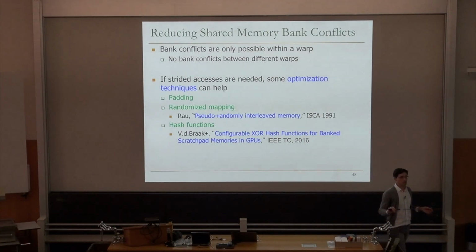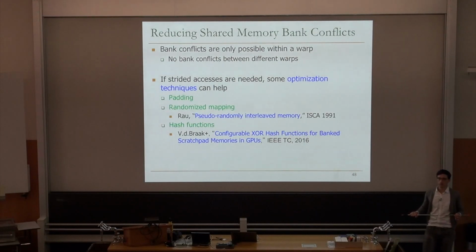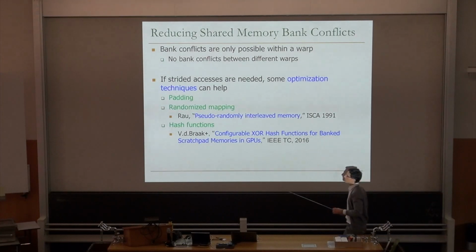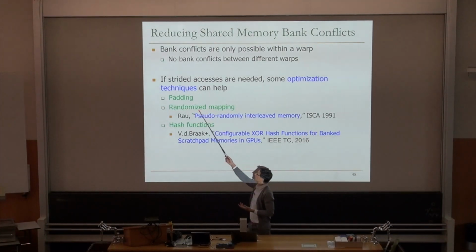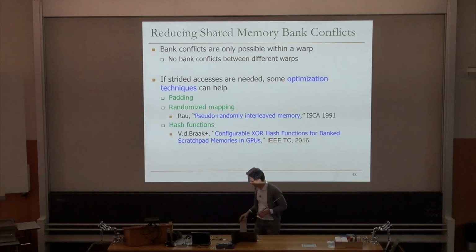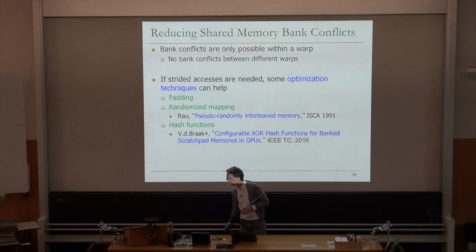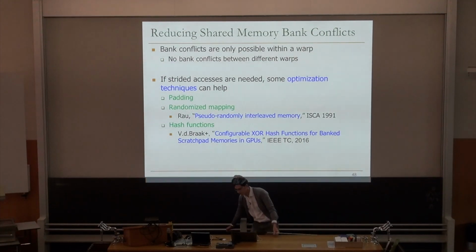But the easiest thing that a programmer can do, if we have strides that are not relatively prime to the number of banks, is to use padding. It's a very simple technique that is called padding. Essentially padding, if I could use this, it would be better. Oh, cool. I can use it.